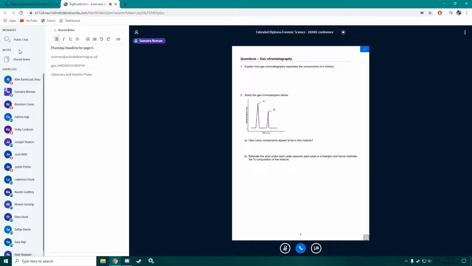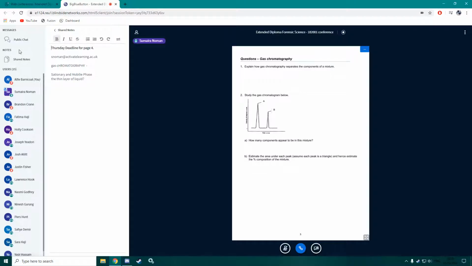Stationary and mobile phase. So what else? Can anybody type on this? Tell me, what is the stationary phase in gas chromatography? Nobody remembers?